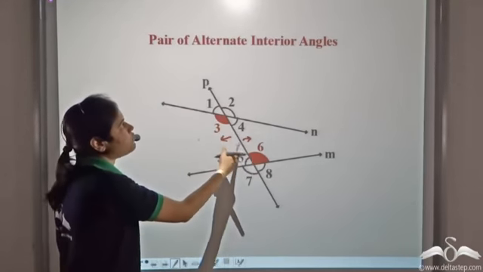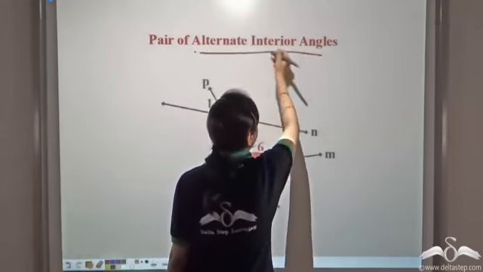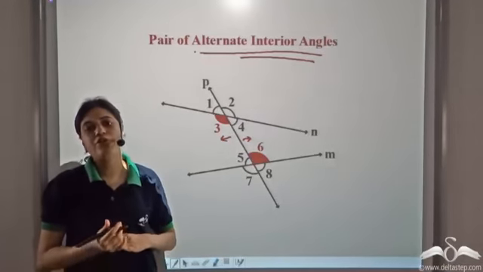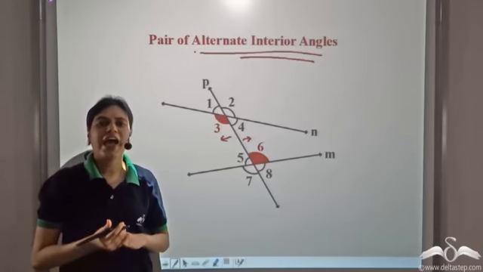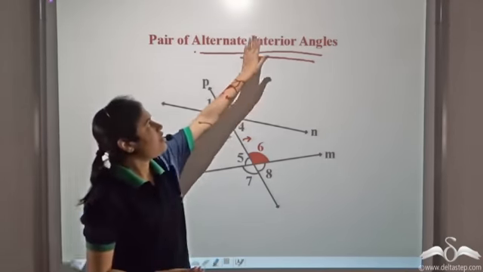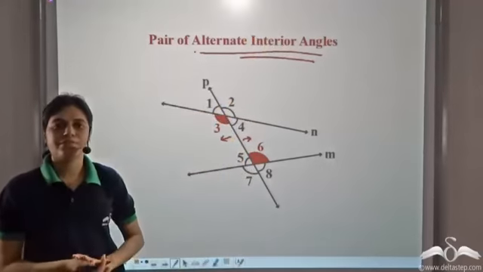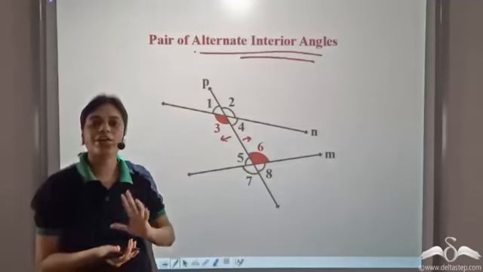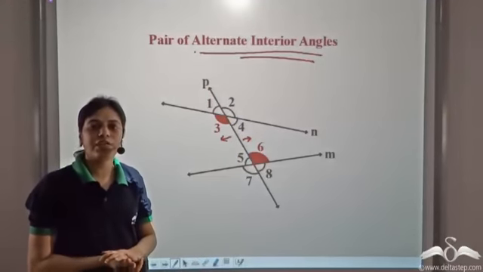So 3 and 6 form a pair of alternate interior angles. Now some books refer to pair of alternate interior angles as simply pair of alternate angles, and they remove this word interior. So in some books, pair of alternate interior angles are referred to as pair of alternate angles.